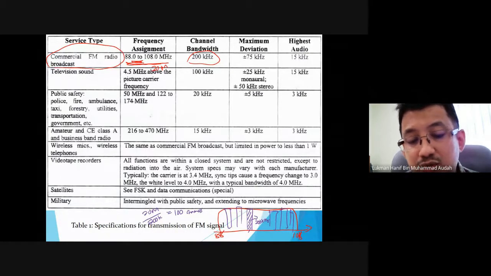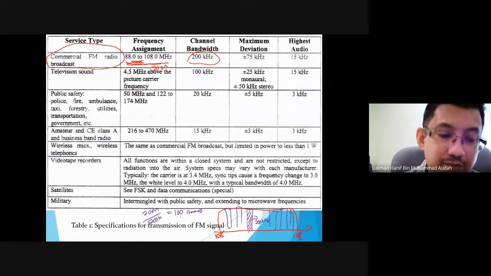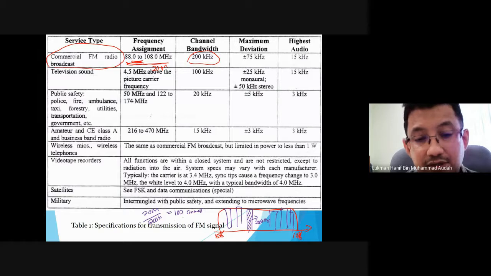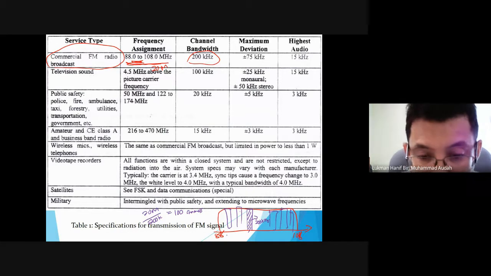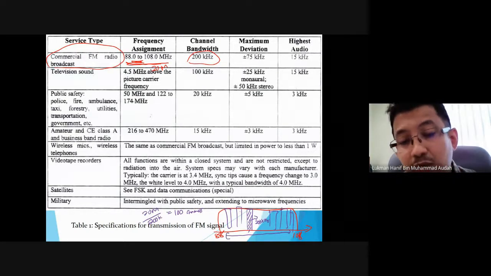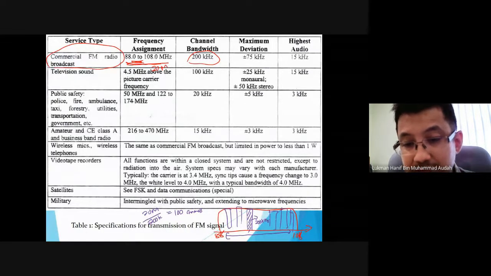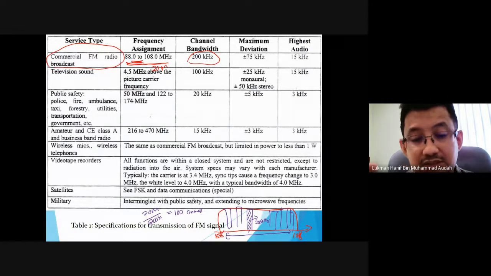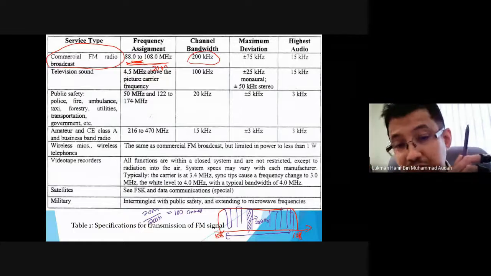We can assign 100 channels at one time, ataupun 100 radio station. So maknanya dalam band ini daripada 88 sampai 108 kita boleh allocate up to 100 channels or 100 radio station. Dia boleh berkongsi sebanyak 100 banyak dalam tu.